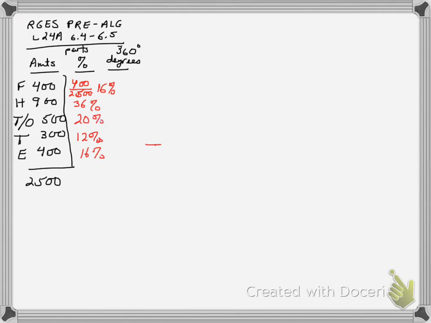All right, now what do I do for the next step? The next step is now I need to convert that to degrees. Now degrees, if the whole thing is 360 degrees, then I would take 0.16 times 360 to get the number of degrees for the first one. And so that would be 58 degrees.